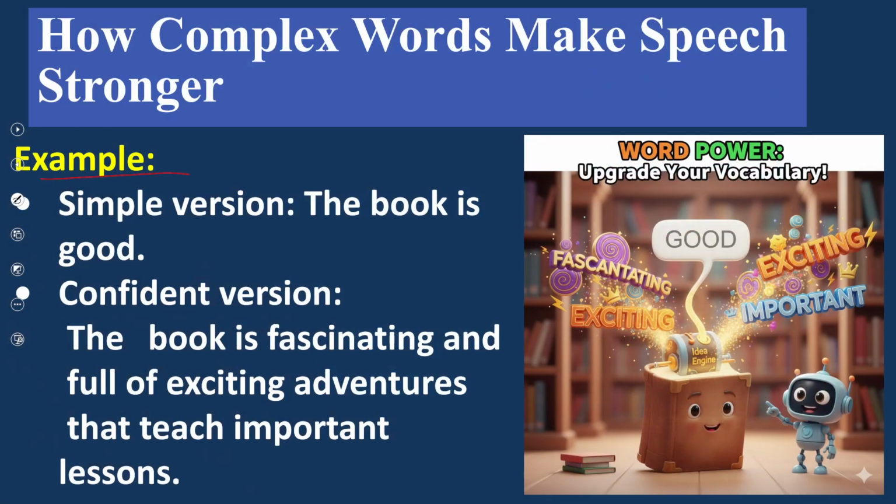Now, we are going to take an example for further explanation of this concept. Simple version of the sentence: The book is good. This is the simplest version of the sentence. Confident, or longer, version: The book is fascinating and full of exciting adventures that teach important lessons.